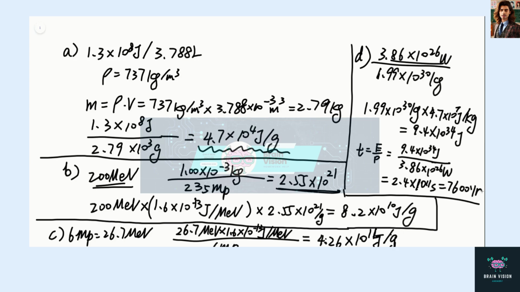So if our sun were actually made up of gasoline, it would not last very long. But we are glad that our sun is actually dominated by the reaction introduced in part C, and we can see this is a much more efficient way of producing energy. We can produce a lot more energy with the same amount of mass.